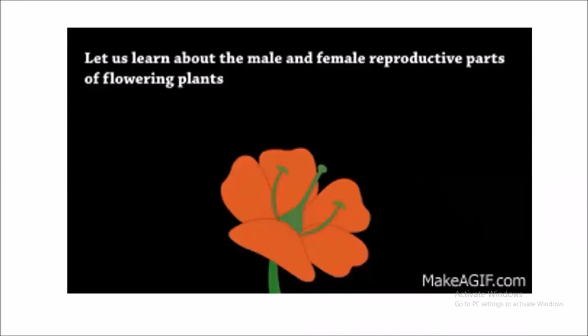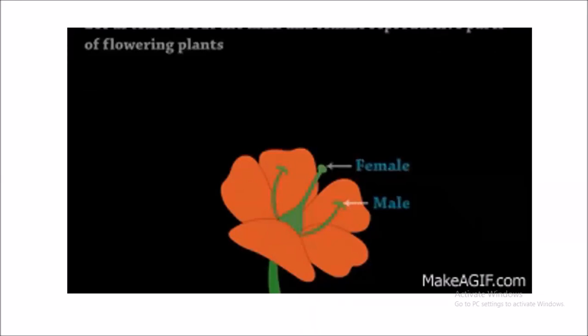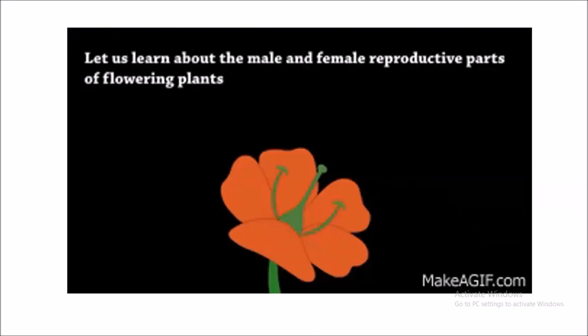Because in order to make any multicellular living organism, we need both male cells from the father and female cells from the mother. We're going to move into this in detail, but we need to learn that plants also have female and male parts, because we need both cells, the male one and the female one, to join together and make seeds.